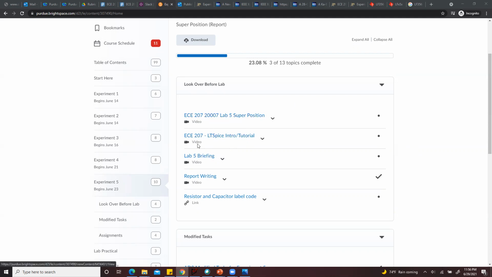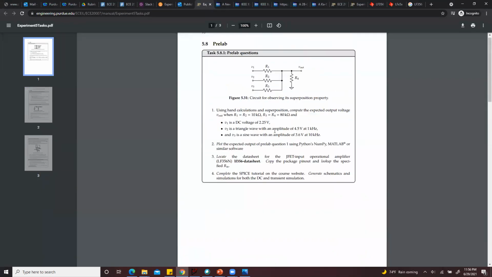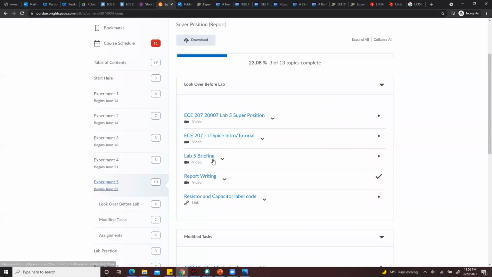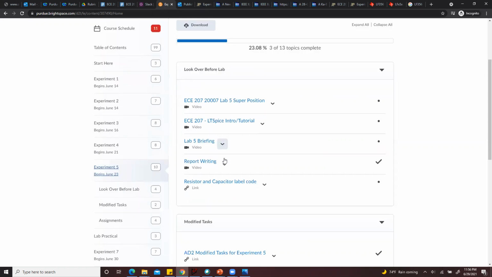First of all, this week, Lab 5 will be the first time you're going to write a formal report. So it will be different from what you've done for the write-up.